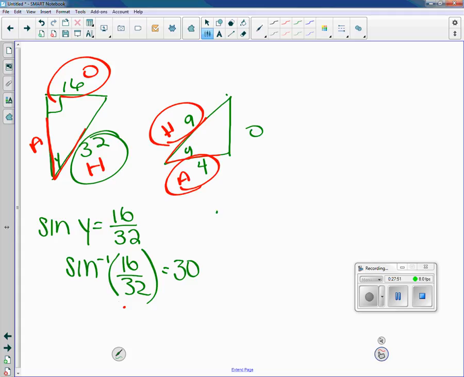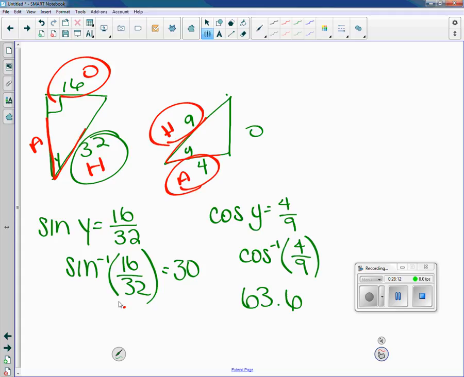Cosine. So the cosine of I don't know is equal to 4 over 9. So this becomes cosine inverse of 4 over 9, which is 63.6. Okay.